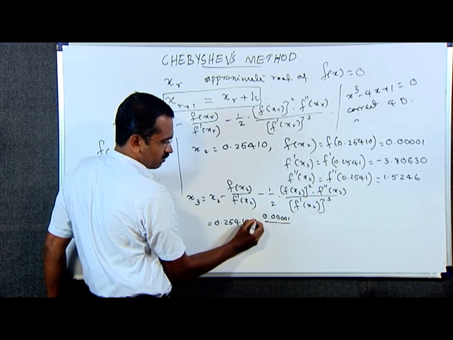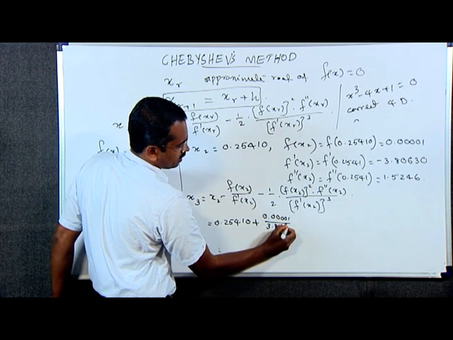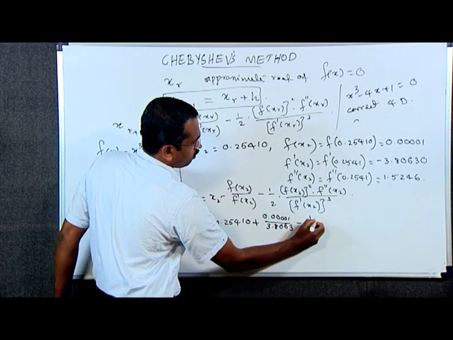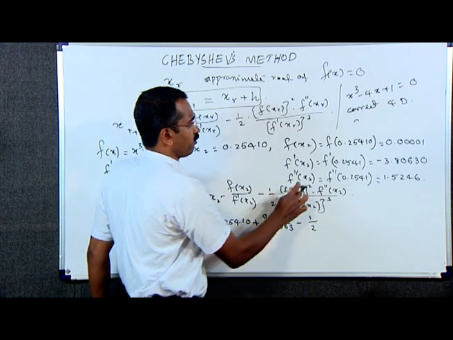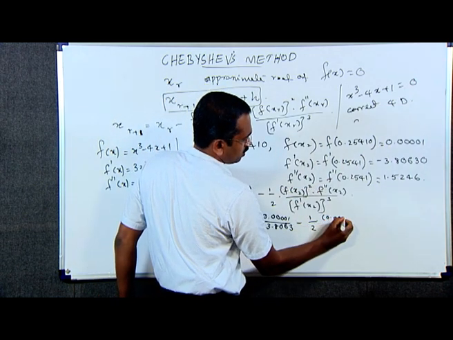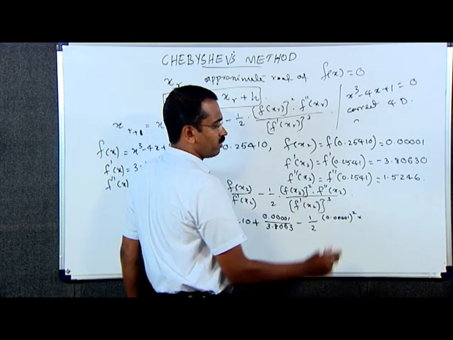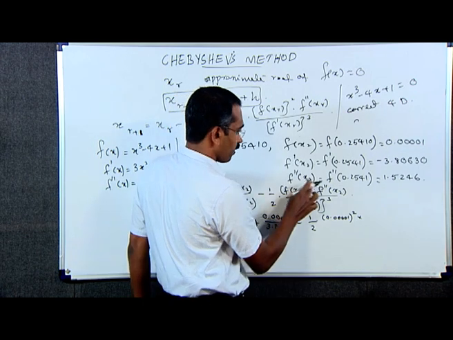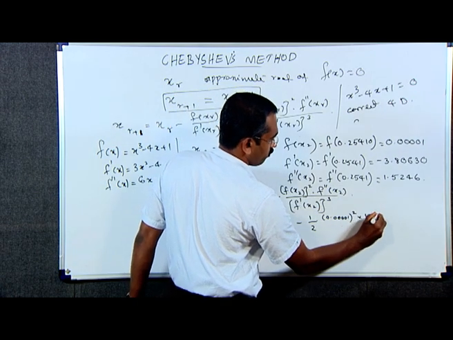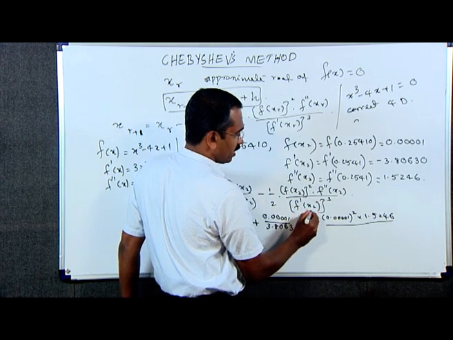Therefore, this minus will become plus 3.8063 minus 1 by 2 into f of x2 square, that is 0.00001 square into f double dash x2, that is 1.5246 divided by f dash of x2 whole cube.